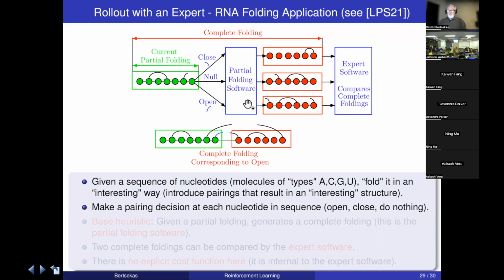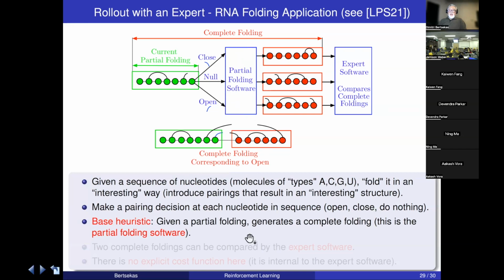So the partial folding software gives us complete foldings like that. Then we give this to an expert software that compares the complete foldings and gives the choice of best Q factor: either this decision, that decision, or that decision.